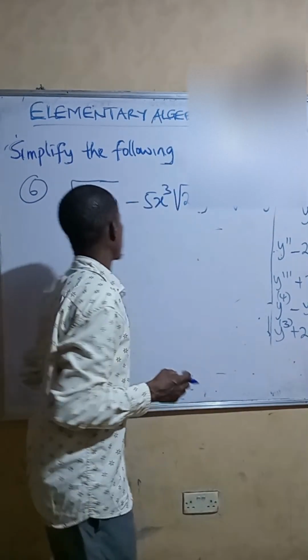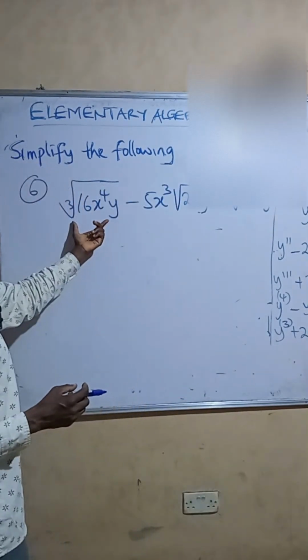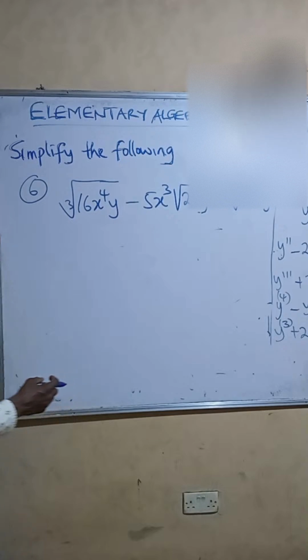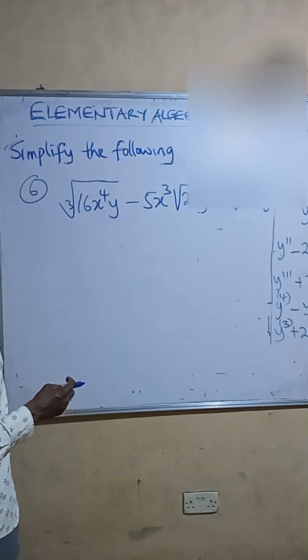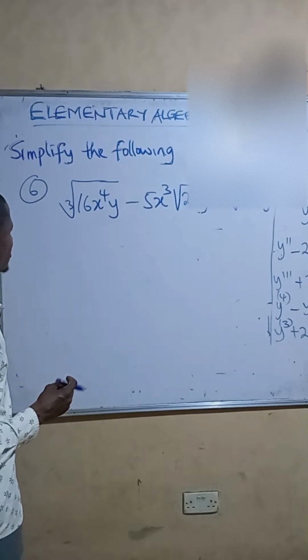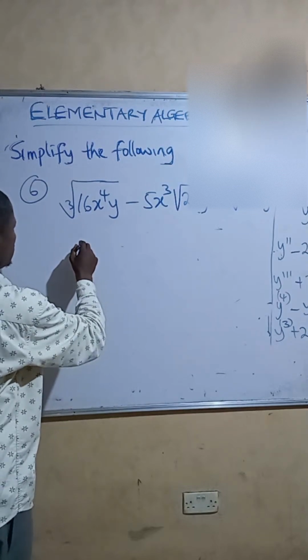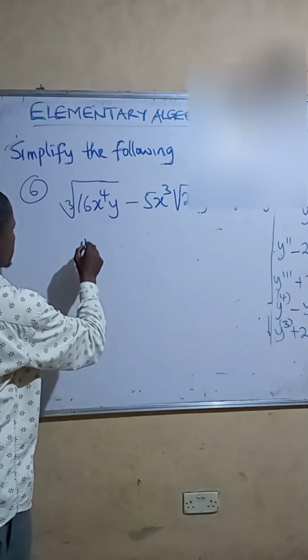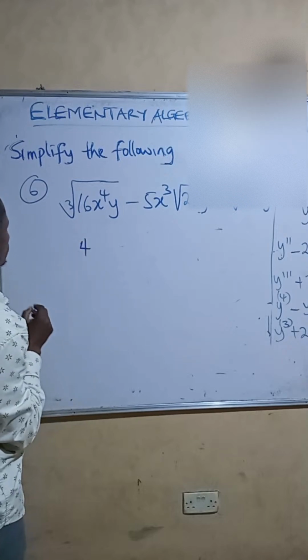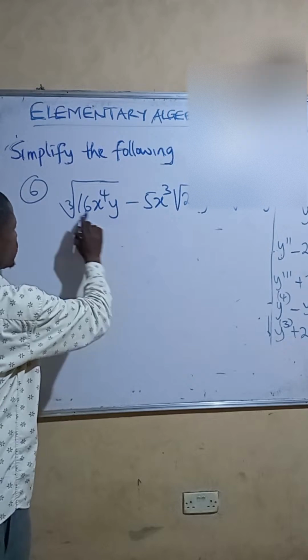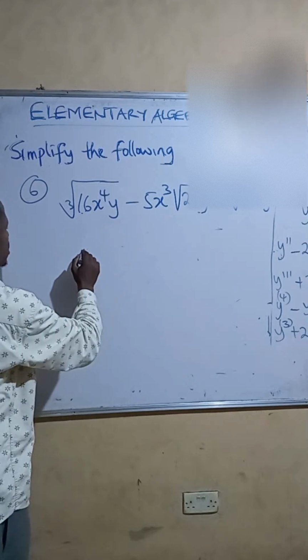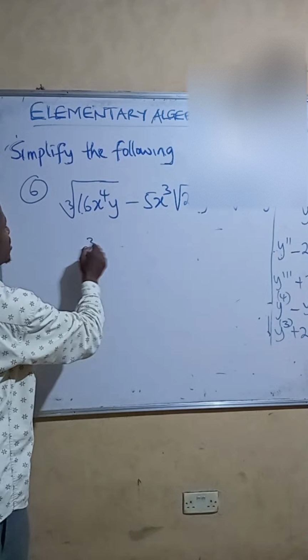Next question. Let's look at what we can do here. 16 is what? We can make this one to be 4 square. I want to make it 2 to give us 2 to power 3.